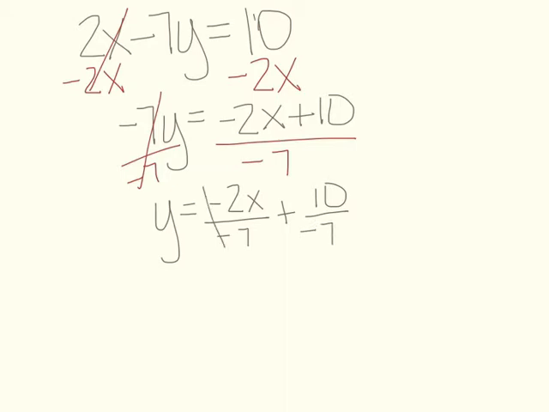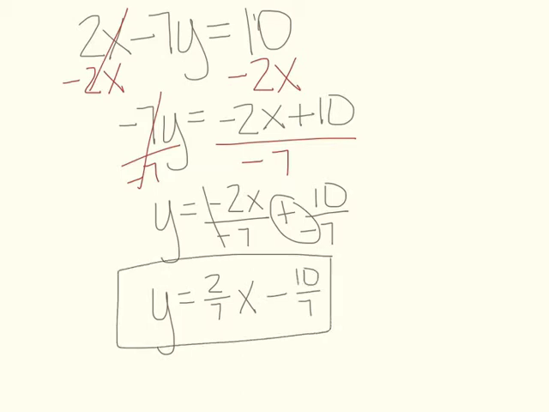These negatives would cancel out, and this positive times a negative would just be a negative, so we'll clean it up a little. Y equals 2/7 x minus 10/7. It's fine to have a fraction in slope-intercept form, just not standard form.